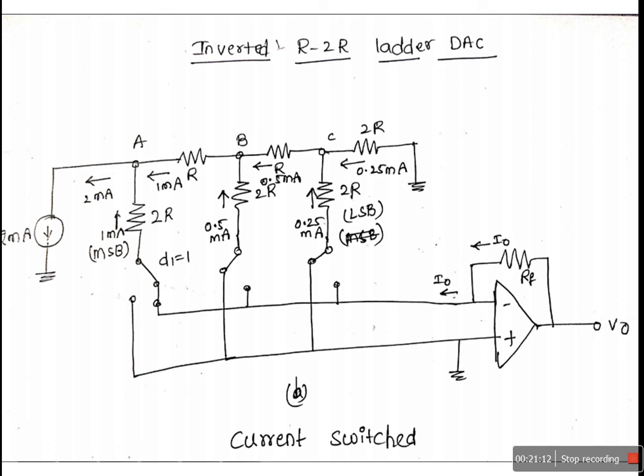In order to avoid that, we are going for the inverted R2R ladder circuit. Here we are connecting the switches to a current source, and again we are interchanging the LSB and MSB positions. Due to that, the power dissipation will be reduced, because here the current is constant.